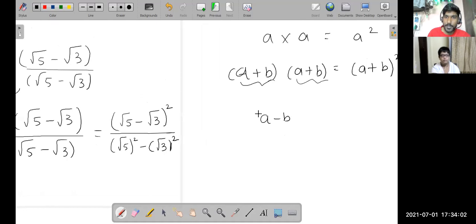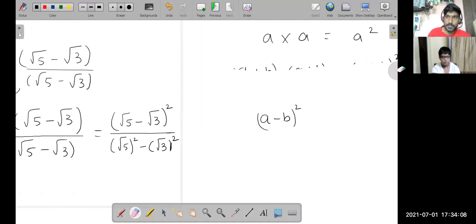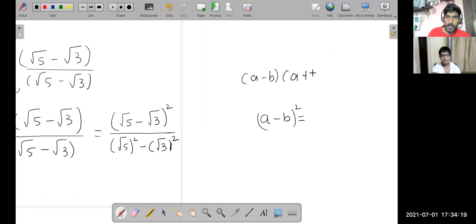First is A minus B whole bracket square. What is the formula for A minus B whole bracket square? Can you tell me? One formula which we already used is A minus B, A plus B, that is A square minus B square.